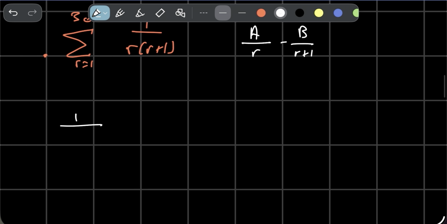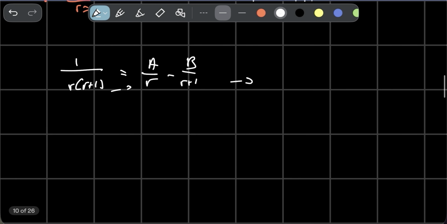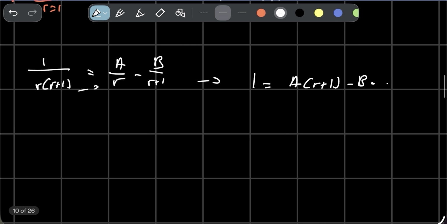Okay, 1 over r(r+1) equals A over r minus B over r plus 1. We multiply everything by r(r+1), therefore we will be left with 1 equals A(r+1) minus B times r.